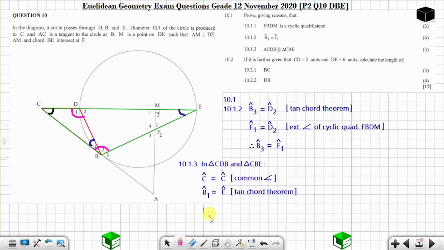So angle D1 is equal to angle CBE, automatically. The reason is sum of angles in a triangle. Now you can conclude triangle CDB is similar to triangle CBE using the angle property. Okay, so let's move on.